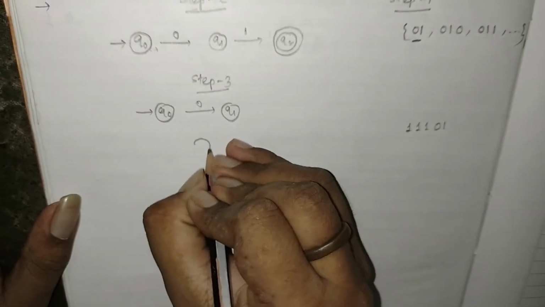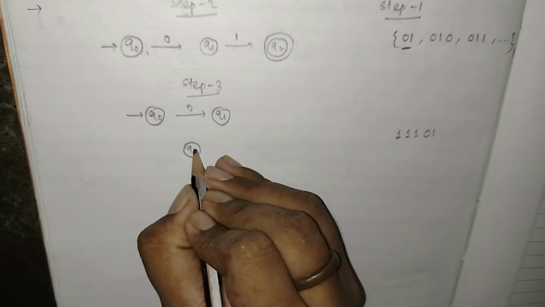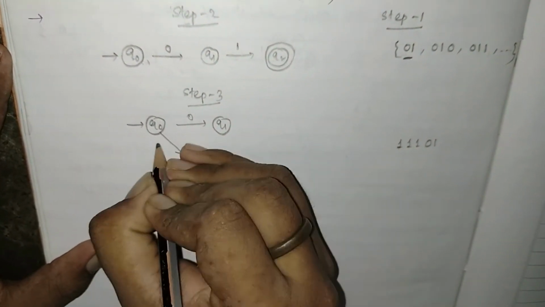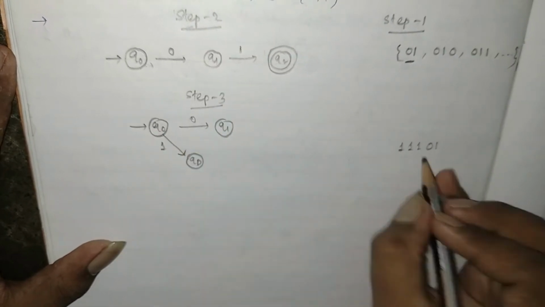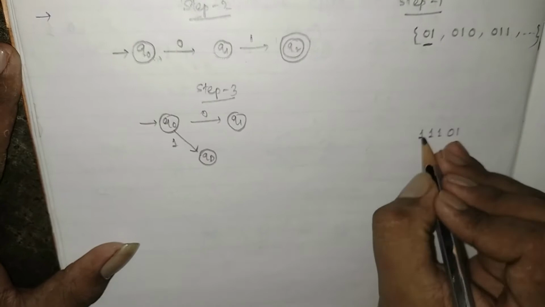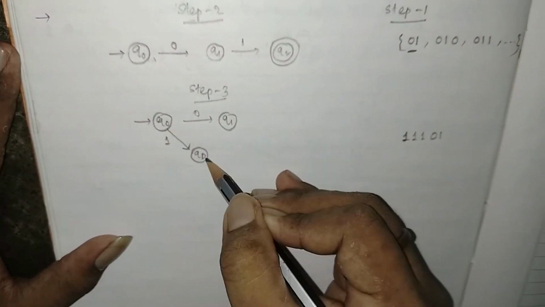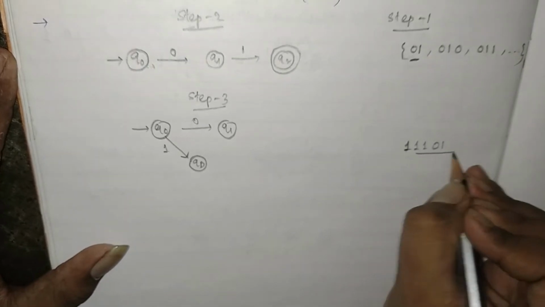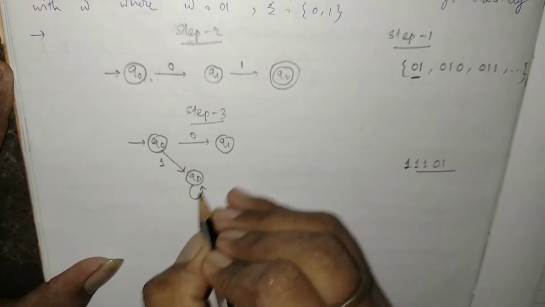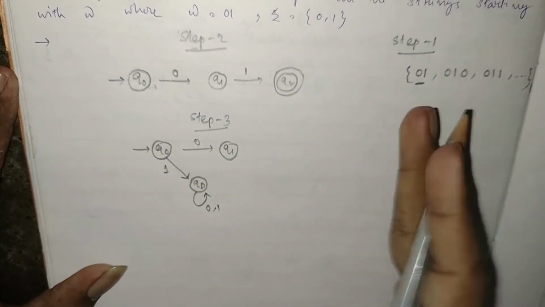So for the dead state, we have to make a separate state, let's say QD, and how this works is, when this string is encountered in Q0, first this 1 will be scanned and it will go from Q0 to QD. Then for the rest of the string, it will just keep on looping over this state, for all possible symbols in the rest of the portion.